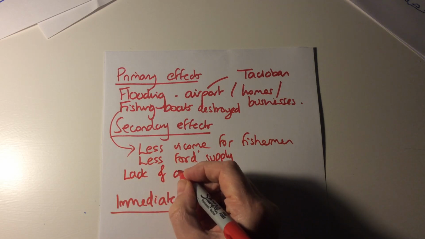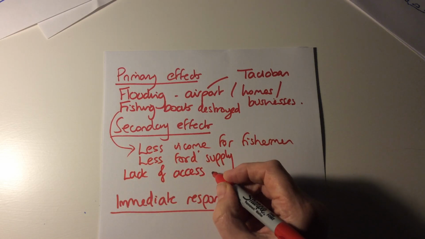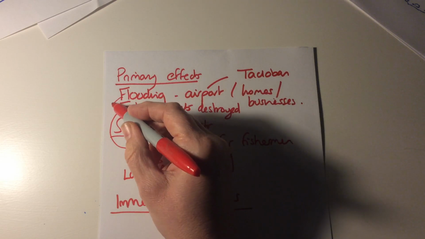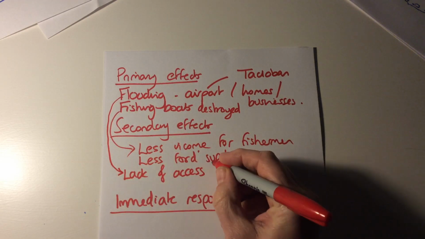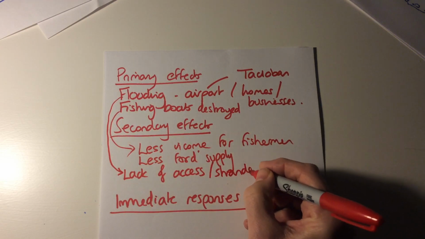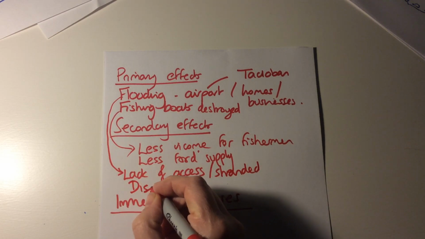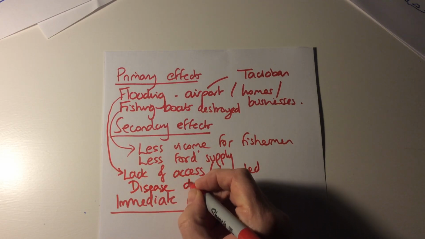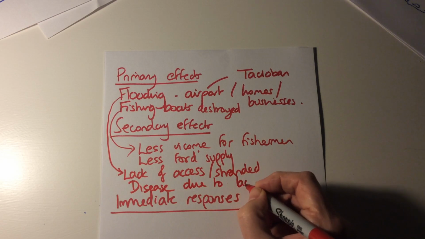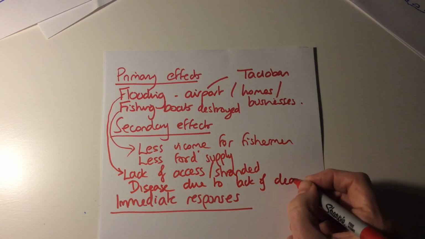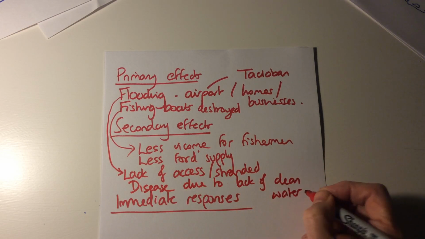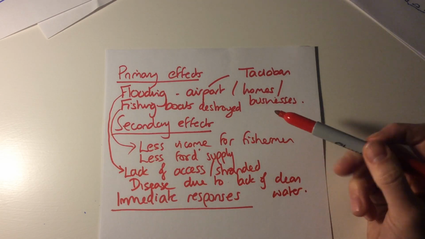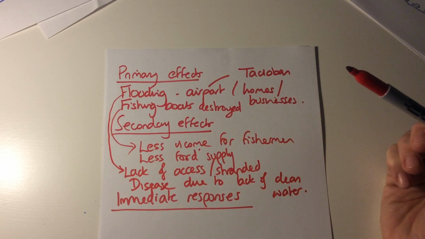Lack of access as the airport is shut down. Okay, so people can't get around, people are stranded. There was disease due to lack of clean water, because obviously as the flooding occurs, it disrupts the water supply.